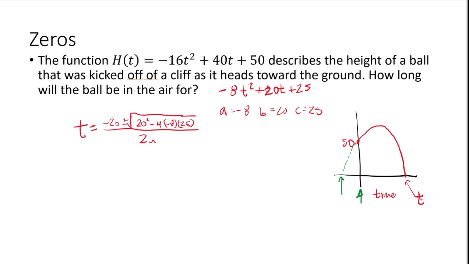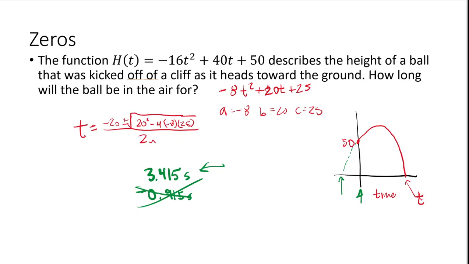So our two answers are going to be 3.415 seconds, and the other answer is going to be negative 0.915 seconds, which doesn't make sense, right? It can't be negative. So it's at 3.415 seconds that the ball is going to hit the ground.